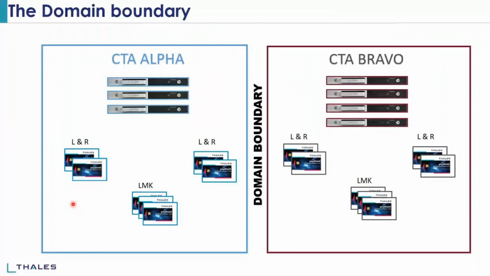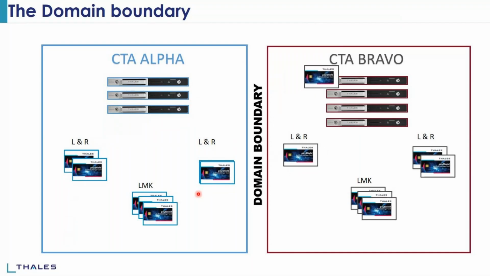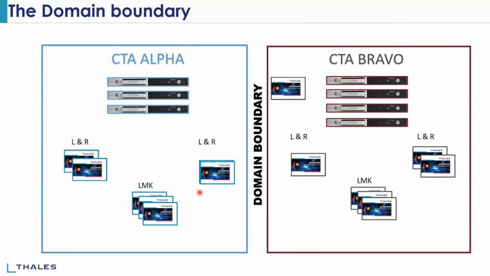You can reuse the same card for other PayShield 10Ks as well, which are in CTA Alpha. Similarly for the right cards, working with the third one, and you can reuse the card for the other one as well. Similarly for CTA Bravo, the same set of cards works for another PayShield as well.